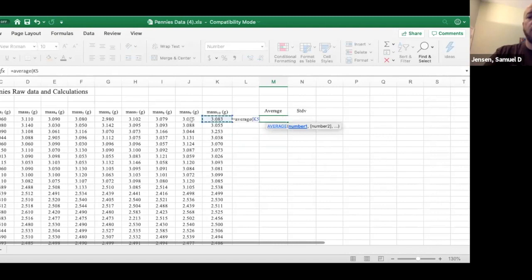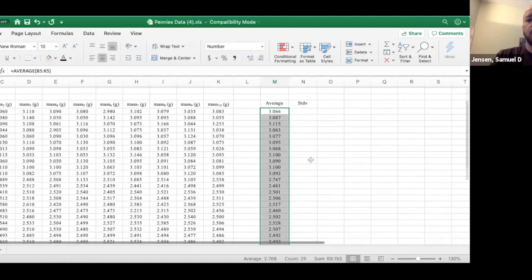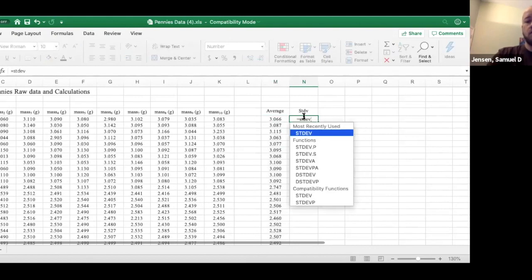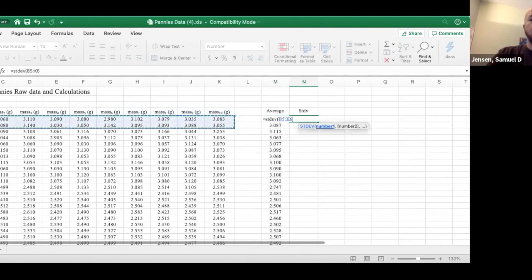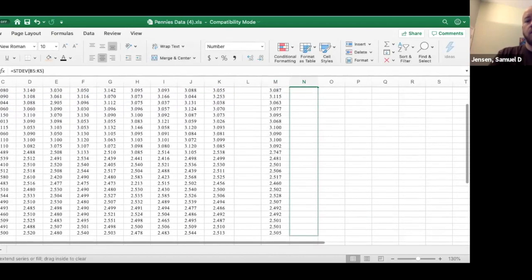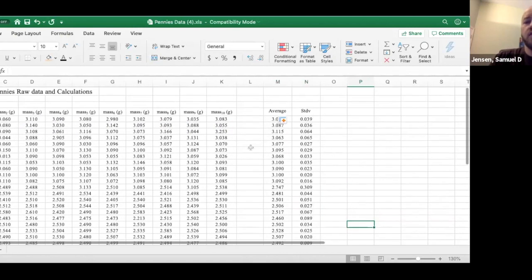So if we just want to take the average mass of the pennies and the standard deviation of the pennies, this concludes page 1 of your report, which is simply doing the data.